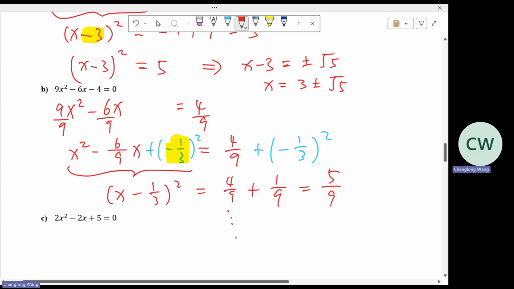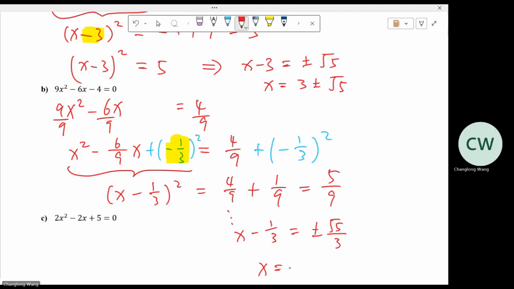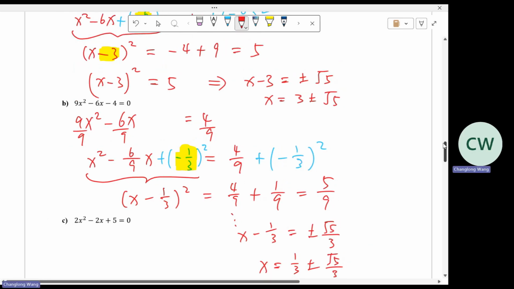After you're taking the square root, you get x minus 1/3, right? And that will be plus or minus radical 5/3, right? Because square root of 9 is 3, and therefore you end up looking at 1/3. Plus or minus radical 5/3. Okay, and there we have it.